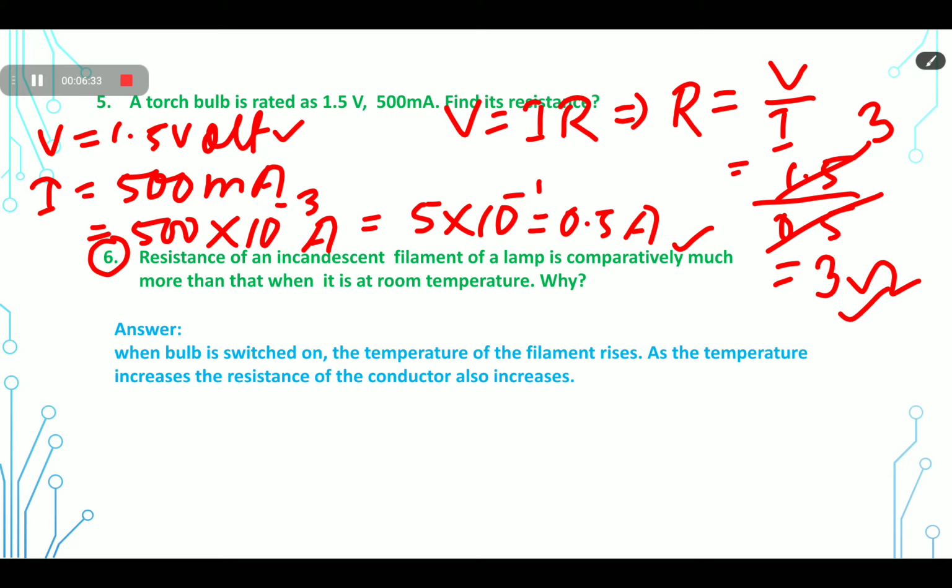That's why when we switch on the bulb at room temperature, its temperature increases. So as the temperature increases, its resistance also increases, because resistance depends on the temperature. It is one of the factors.